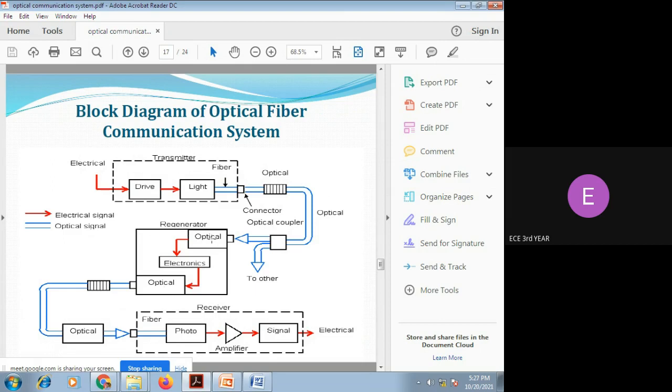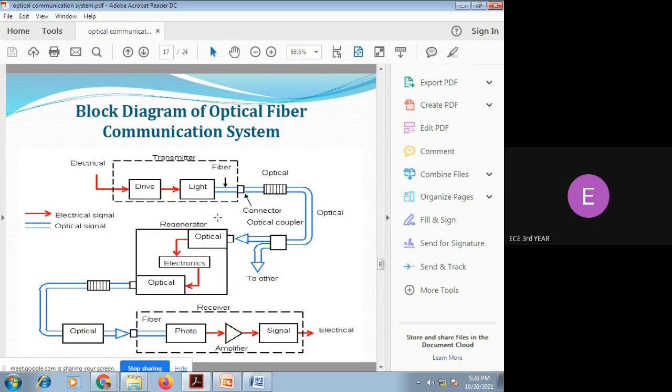The first optical module receives the optical signal and passes it to the electronic circuit. The electronic circuit boosts the signal, that is, increases its amplitude, and passes it to the optical block. This optical block is simply a light source device, LED or laser, used to generate the light signal and pass it through the channel again.